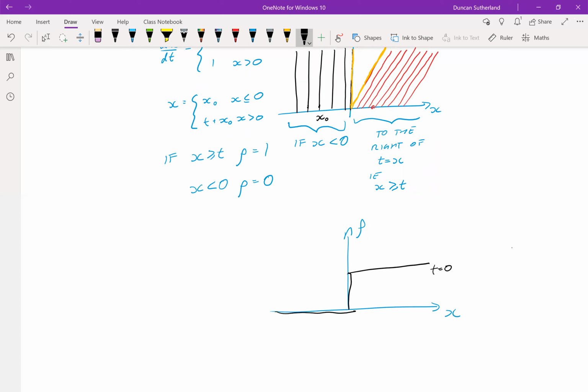At time, let's say it's 1, for x greater than 1, I know my density is 1 as well. And I know that down here, x less than 0, my density's 0. But I've got no idea what's going on in this region here.